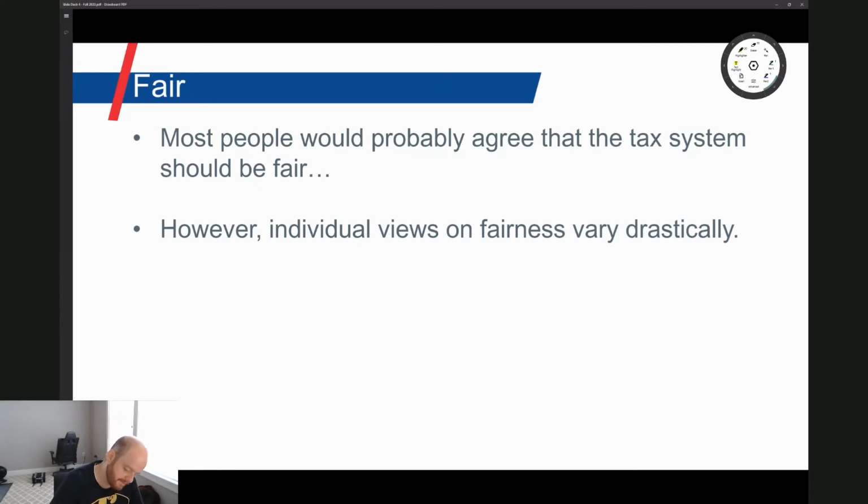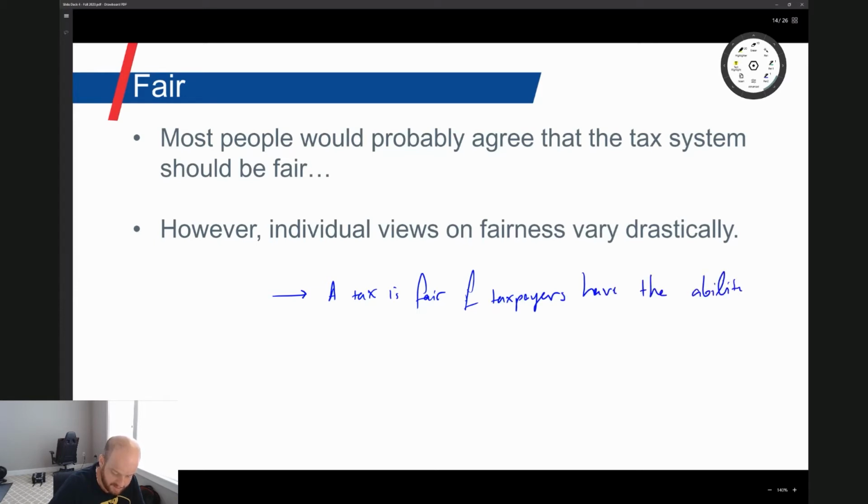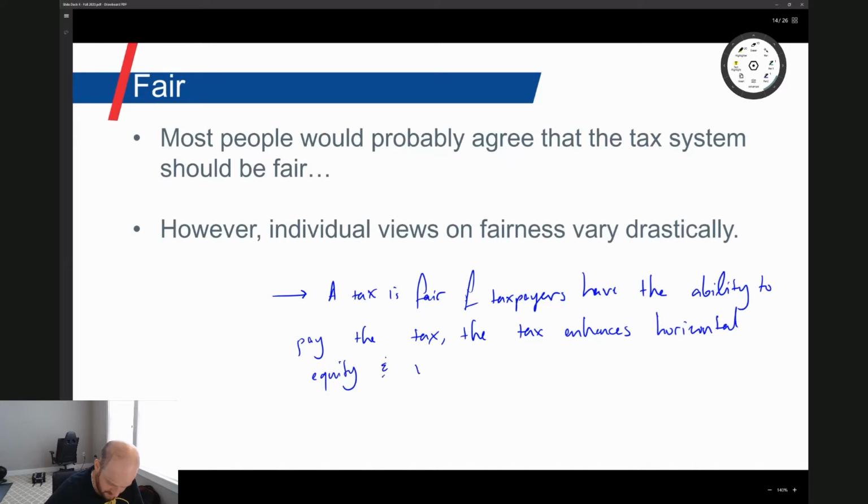But generally, a tax is fair if taxpayers have the ability to pay the tax. The tax enhances horizontal equity and vertical equity.